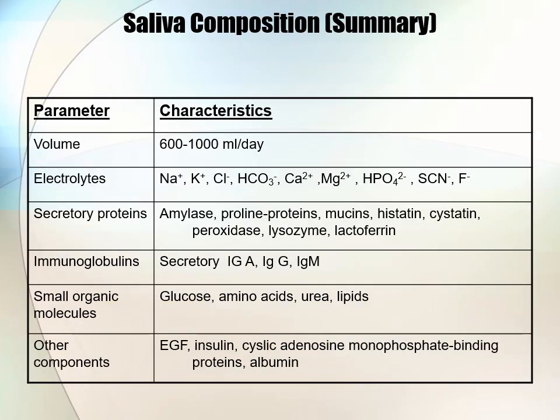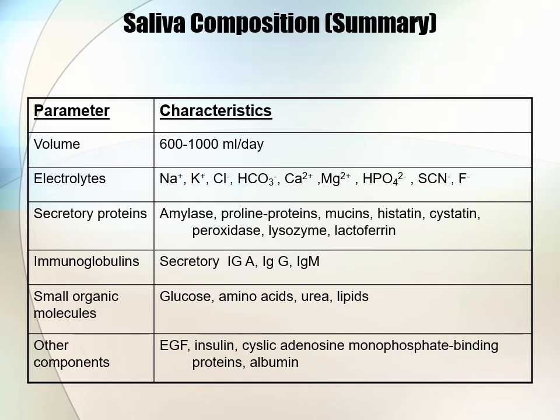Okay, now we can summarize our topic for today about saliva compositions. Saliva volume is 600 to 1000 ml per day. For the electrolyte compositions, we have sodium, potassium, chloride, bicarbonate, calcium, phosphate, and fluoride. For the secretory proteins, we have amylase, proline-rich proteins, mucin, cystatin, peroxidase, lysozyme, and lactoferrin.